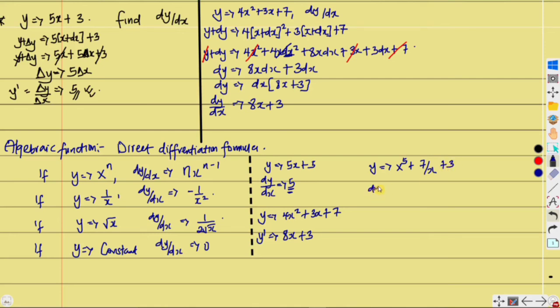The dy/dx or y prime can be equal to, remember, 5, and this is x to the power of 4 because 5 minus 1 is 4, plus, remember, 7 over x is the same thing as negative 7 over x squared, because here, remember, 1 by x gives minus 1 over x squared, and when you differentiate the constant it is 0. So you can write this as 5x to the power of 4 minus 7 by x squared.